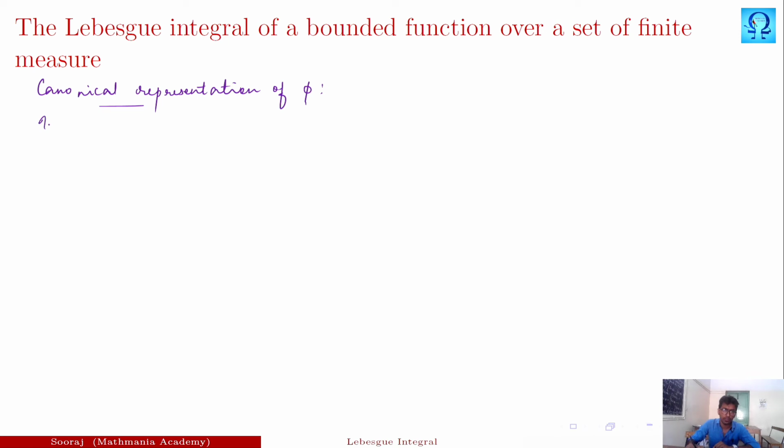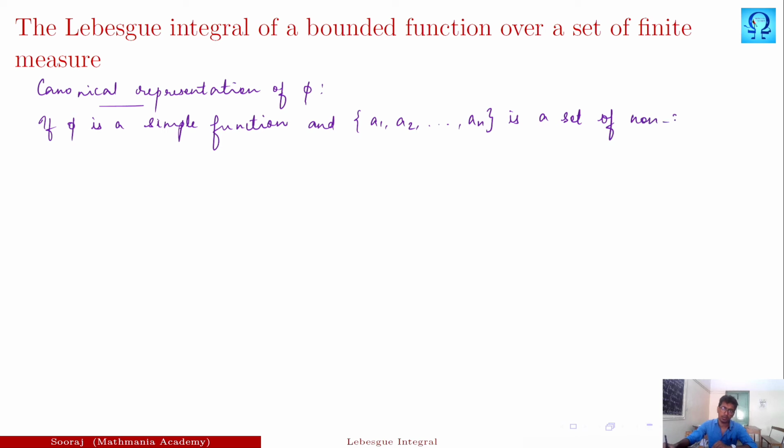So if phi is a simple function, we have seen the definition of simple function in one of the previous lectures. You can revisit and see what we mean by simple function. And we have a collection of points a1 through an as the set of non-zero values of the simple function phi.